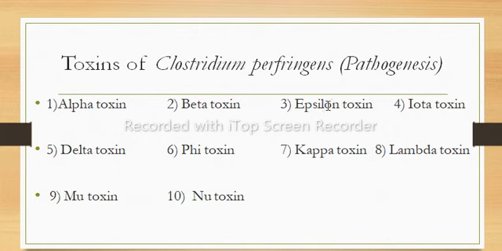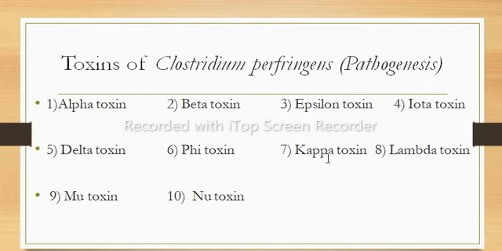The permeases are membrane proteins, a class of multipass transmembrane proteins that facilitate the diffusion of a specific molecule in or out of the cell by passive transport. Number 4 is iota toxin. It is lethal and necrotizing. Number 5 is delta toxin. It is also lethal and hemolysin. 6 is theta toxin, which is hemolysin and cytolysin.